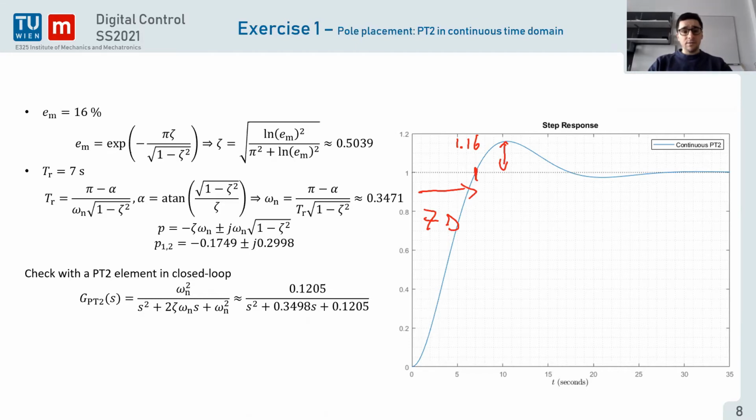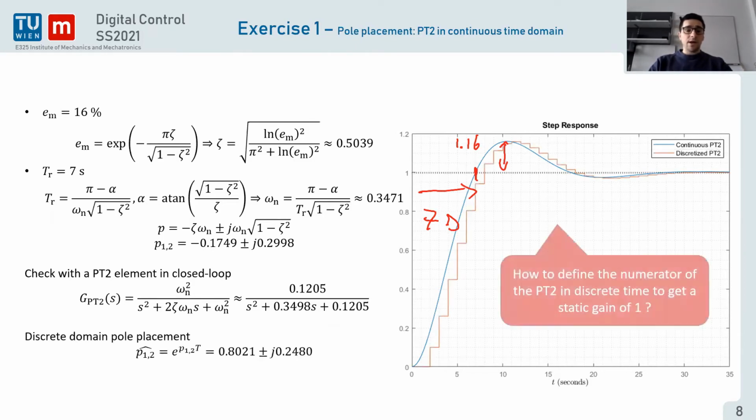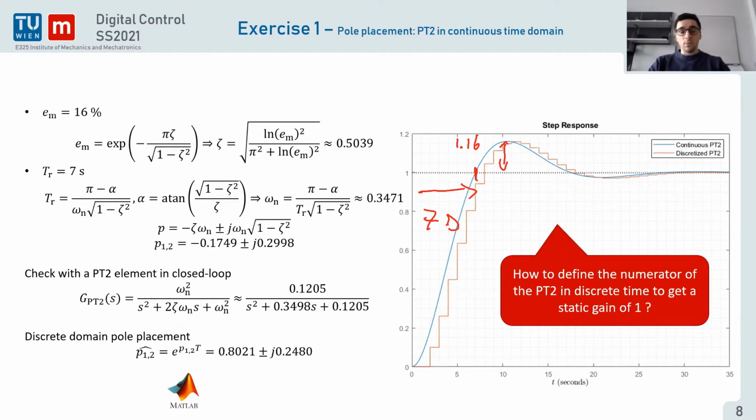To discretize this PT2 element, I want to find G PT2 in the Z domain. I can just identify the poles one by one, take a continuous pole and put it into the discrete Z plane. For each pole, P1 and P2, I apply exponential of P times capital T, the sampling time in this case.